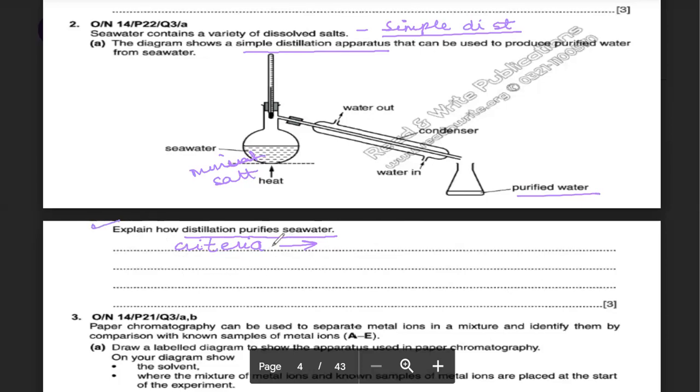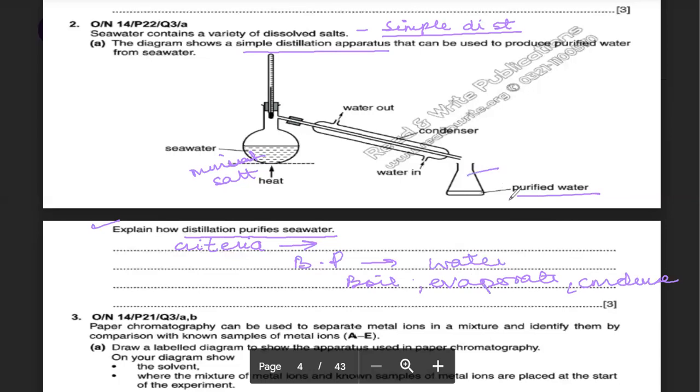After that, you will say that the substance or component whose boiling point is low, here we have the water whose boiling point is lower than the salts, that will be boiled. It will evaporate, and it will condense in the condenser.